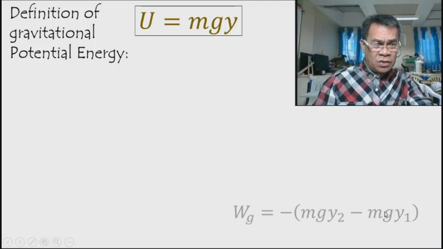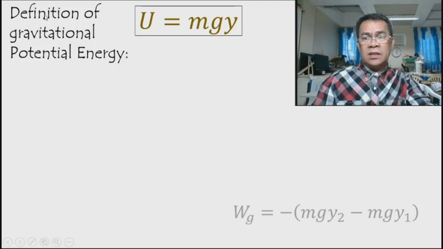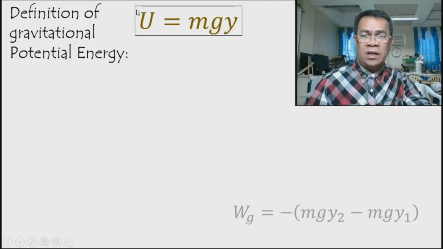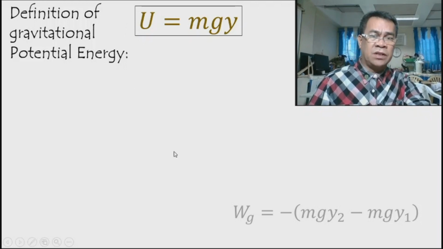So we have mgy2 minus mgy1, which means that this term is actually the gravitational potential energy. And we use the symbol U. Big letter U corresponds to the potential energy.